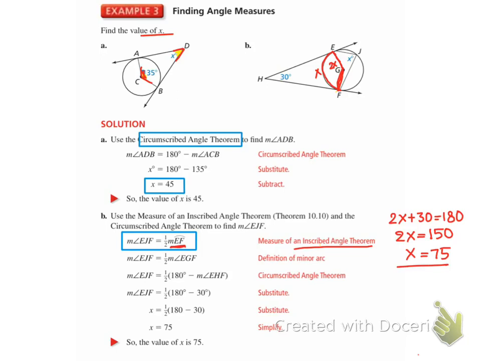So if this is x, so this is going to be here 2x. Oh, I made a mistake. Let me erase it. Yes, sorry, I made a small mistake.